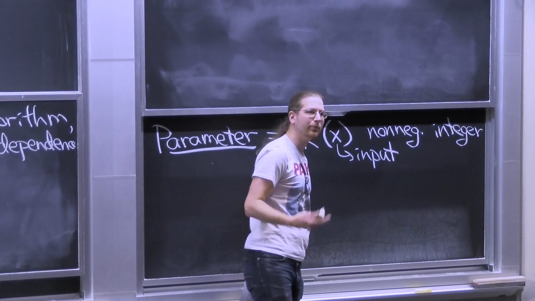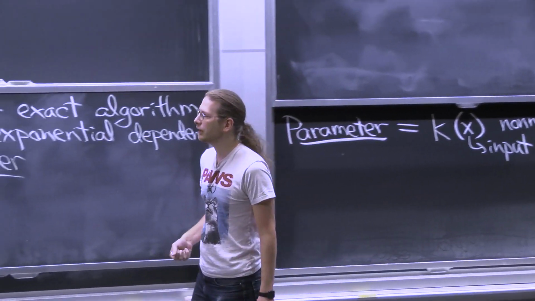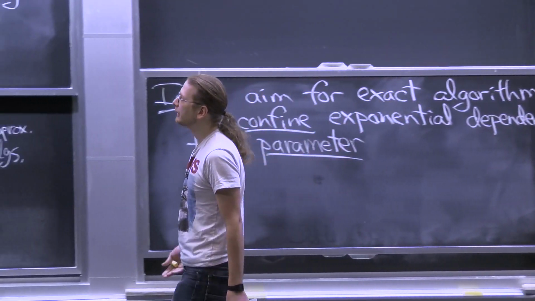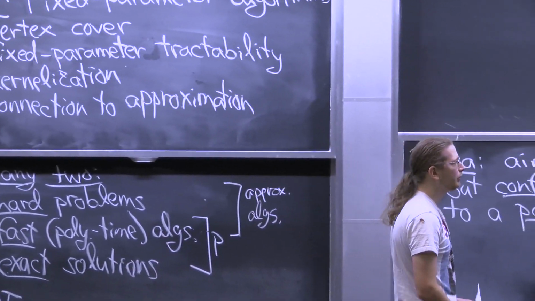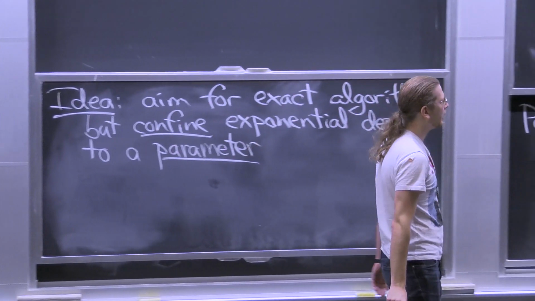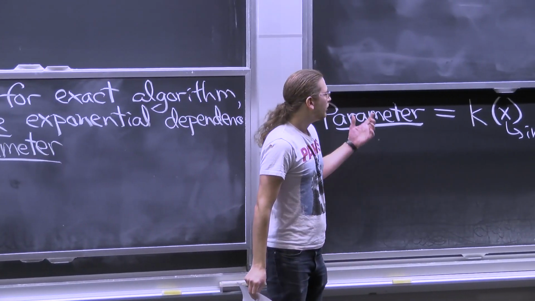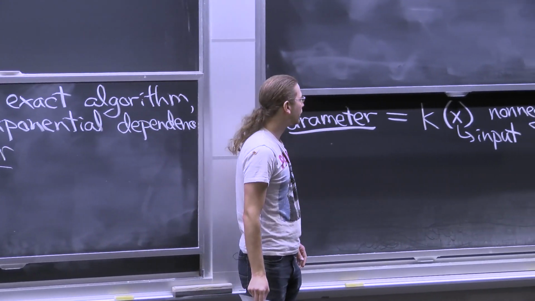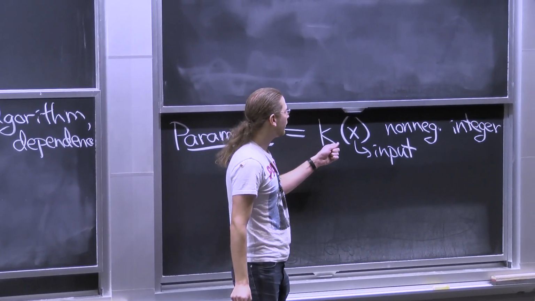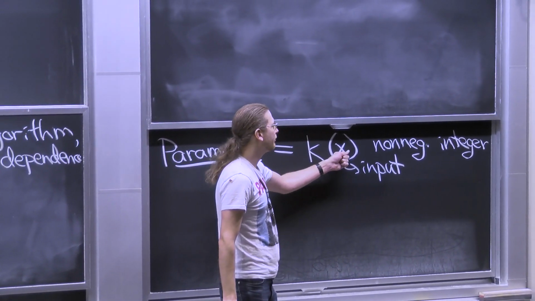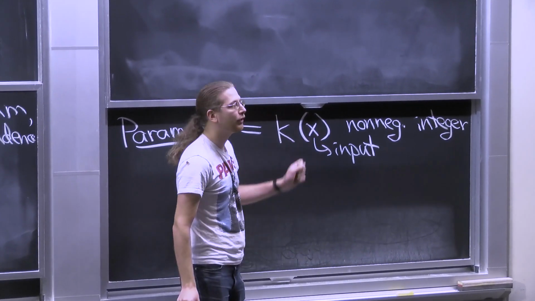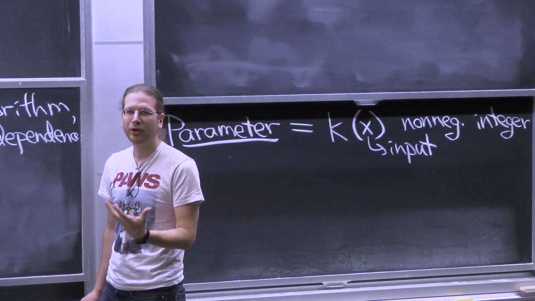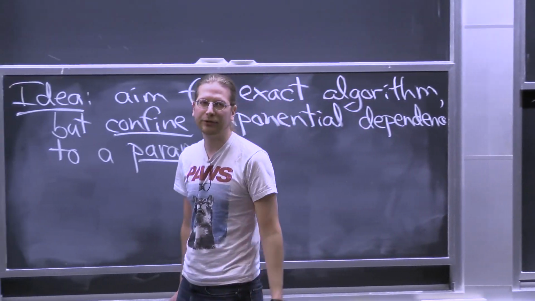So you're thinking about some problem. A problem we'll be looking at today is vertex cover, which we saw in last lecture. In vertex cover, you're given a graph. And based on that graph, we're going to define some function of that graph. So this is the input to the problem. And k is just going to be some non-negative integer, which is a function of that input. It's just some measure of how tough your problem is.